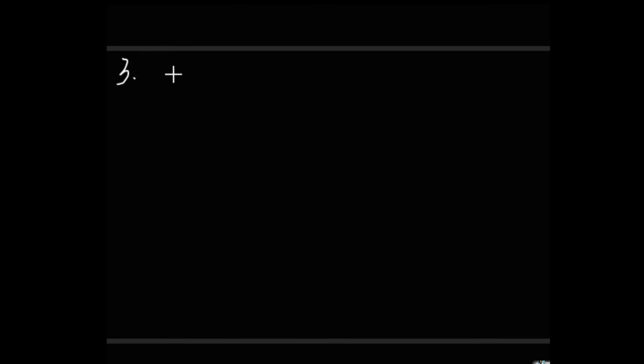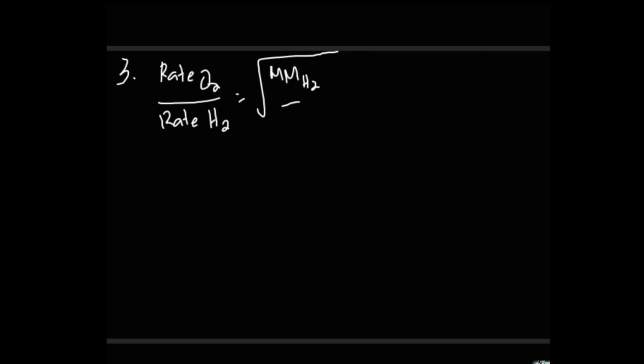So, let's now go to the third step, applying Graham's law of effusion. So, rate A, which is oxygen, over rate B, which is hydrogen, is equal to the square root of the molar mass of hydrogen over the molar mass of oxygen.